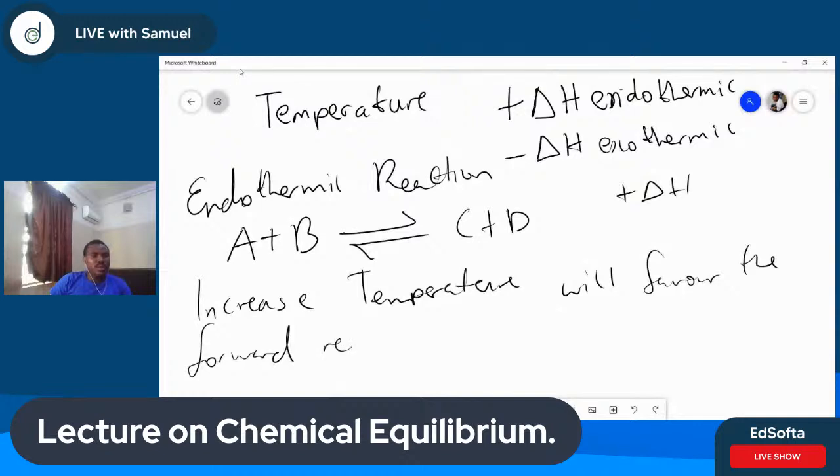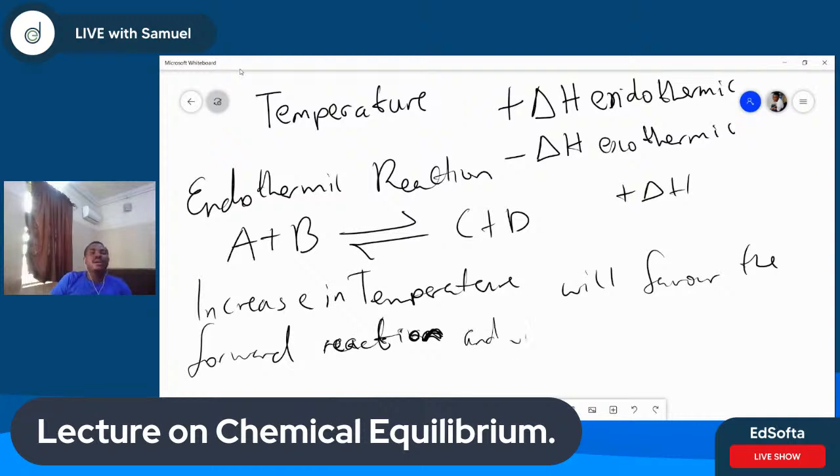Increase in temperature will favor the forward reaction.